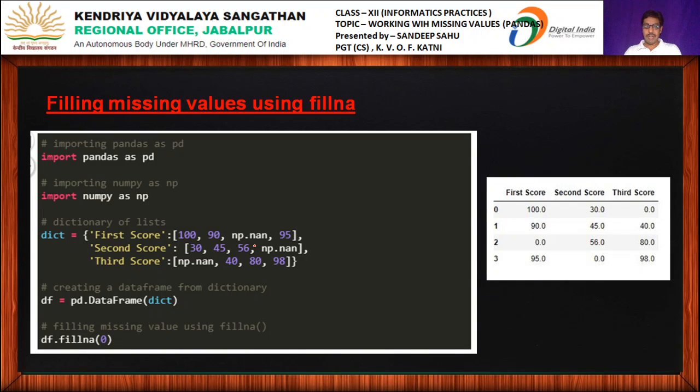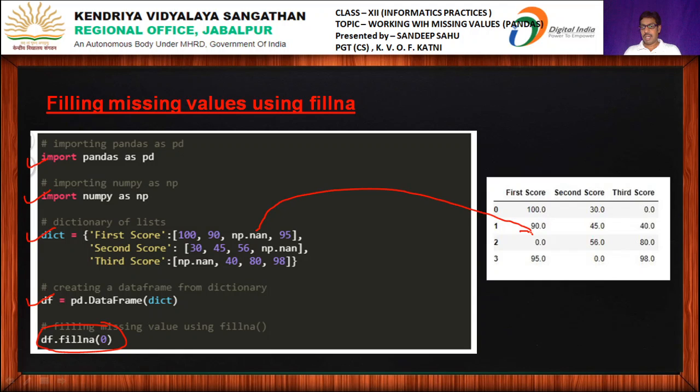Let's again understand it with the help of an example. Just like the previous program, here also the first line is import pandas as pd, then import numpy as np, then we created a dictionary same as in the previous program, then we created a data frame, and here we are using the function fillna(0). So wherever we were getting a NaN value, at that point we are getting 0.